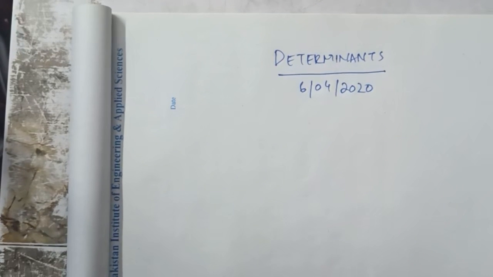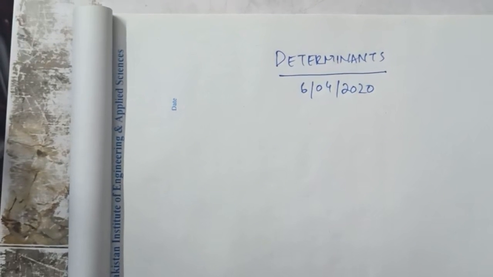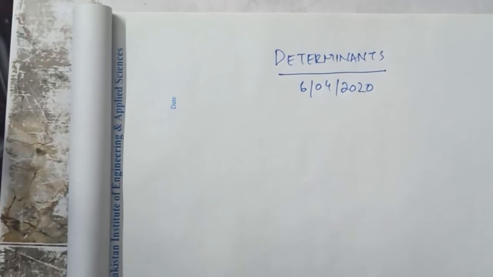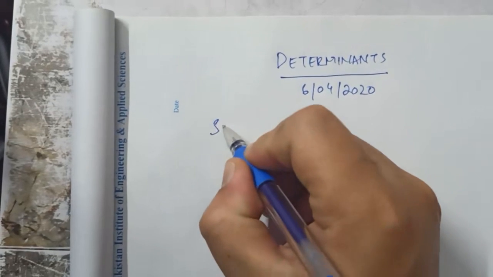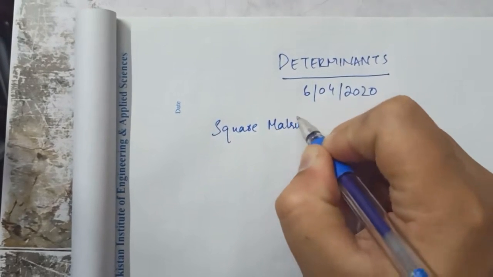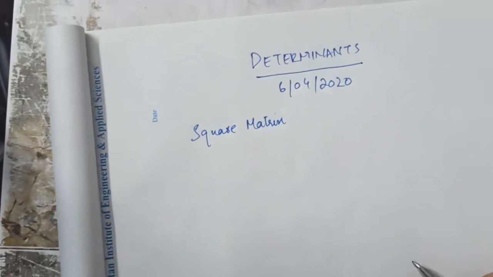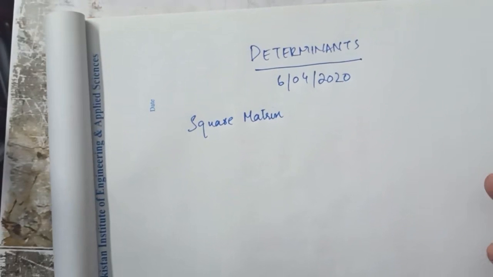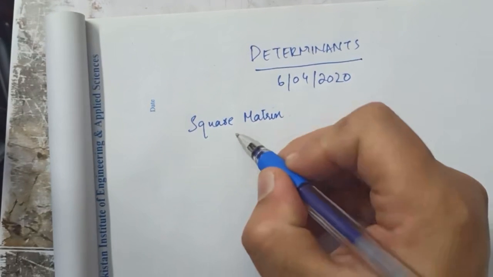In fact, it's a scalar quantity that can be computed from the elements of a square matrix, and it encodes certain properties of the linear transformation described by that square matrix.